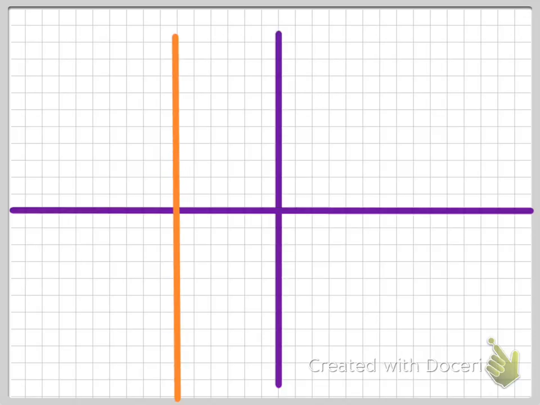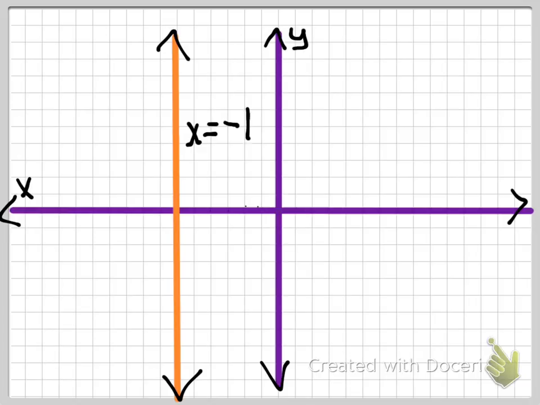So the orange line would have an equation of x equals something because it crosses the x-axis, correct? X equals -6. So x equals -6 is the equation of the orange line because it crosses the x-axis at -6.